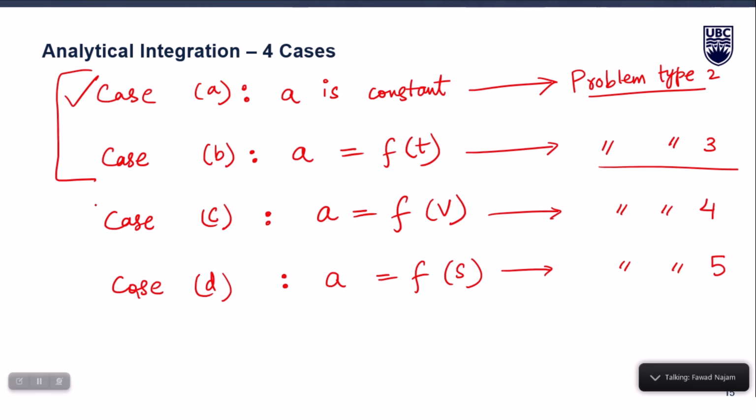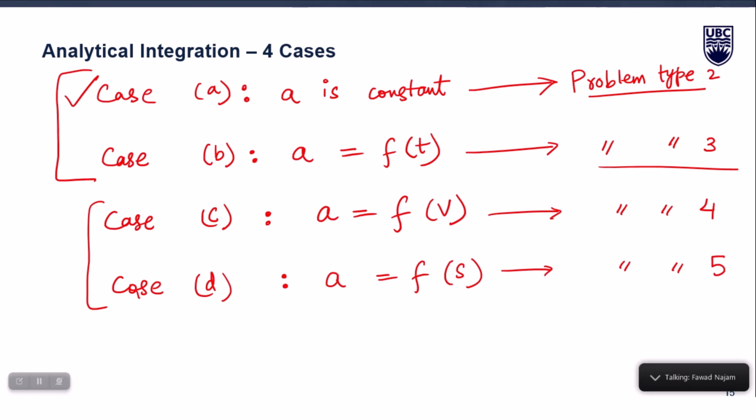But the successive integration directly may not work for these two cases. In these two cases, the acceleration is given to you as a function of velocity and displacement respectively, and you may not be able to directly integrate that function with respect to time because the function is not available in that variable.